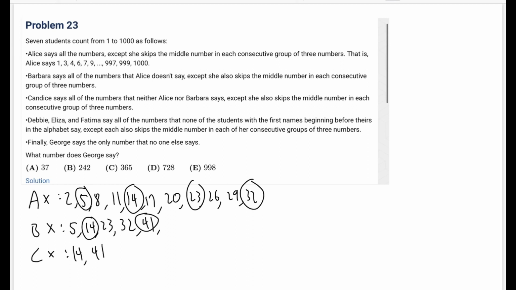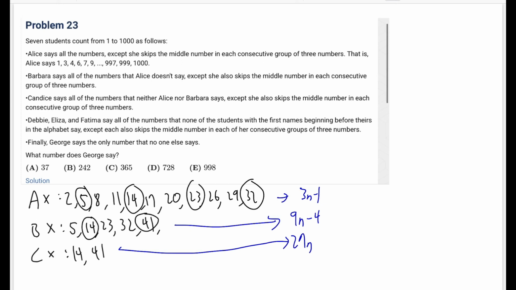If we put these into equations for the nth term, the nth term would be 3n minus 1. The nth term of this would be 9n minus 4. And the nth term of this would be 27n minus 13.